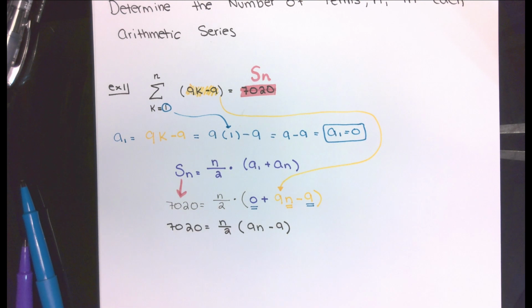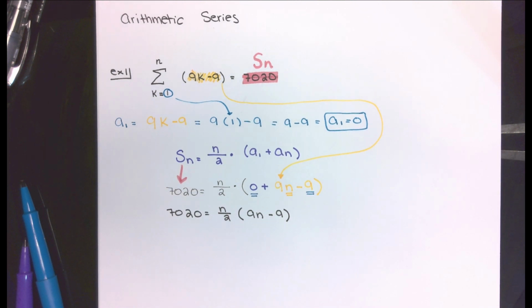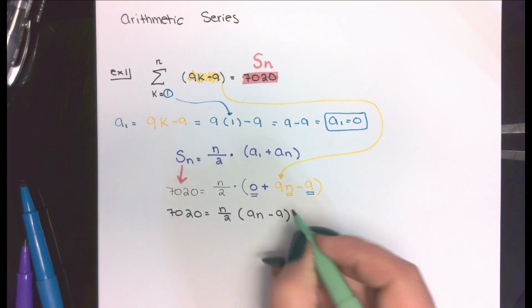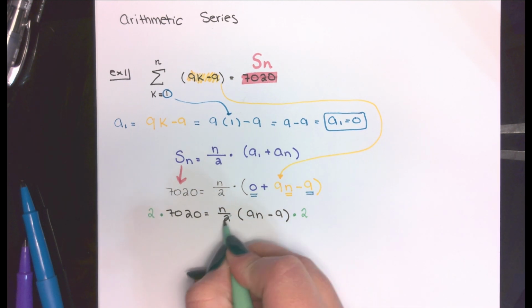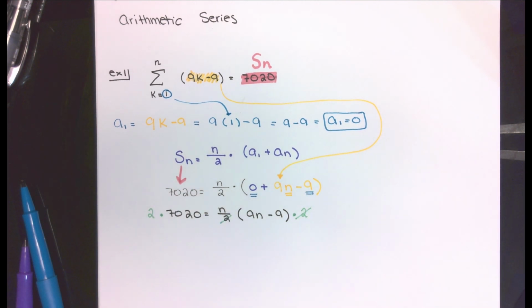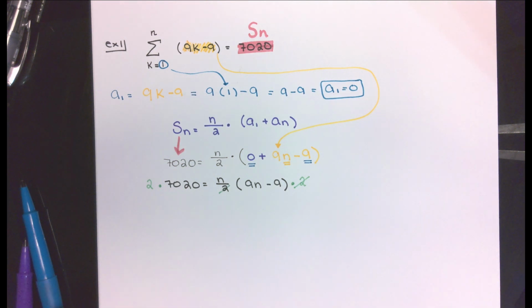And we pause for a second. Before you do any sort of distributing, we need to get rid of that 2 from the denominator. So I'm going to multiply by 2 on both sides. Right now it's dividing by 2. I'm going to multiply by 2, making that 2 in the denominator go away.